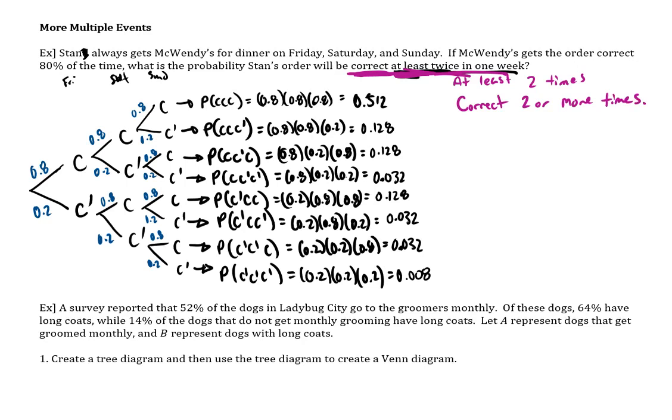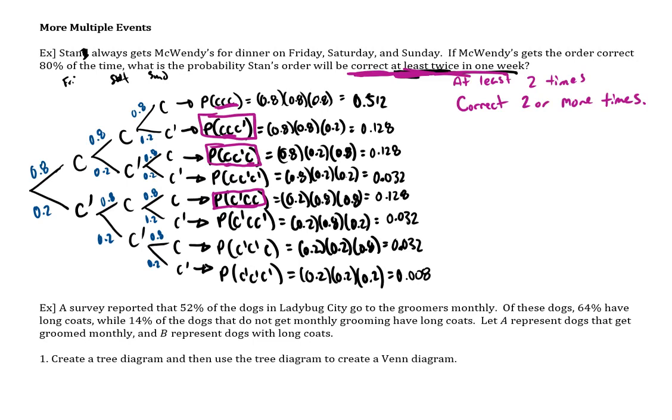Okay, so that means I want to go through all of the ones that have 2 corrects or more. So that would be this one. This one has 2 corrects in it. This one has 2 corrects in it. And then that one doesn't, but this one does as well. So let's go ahead and just box them.